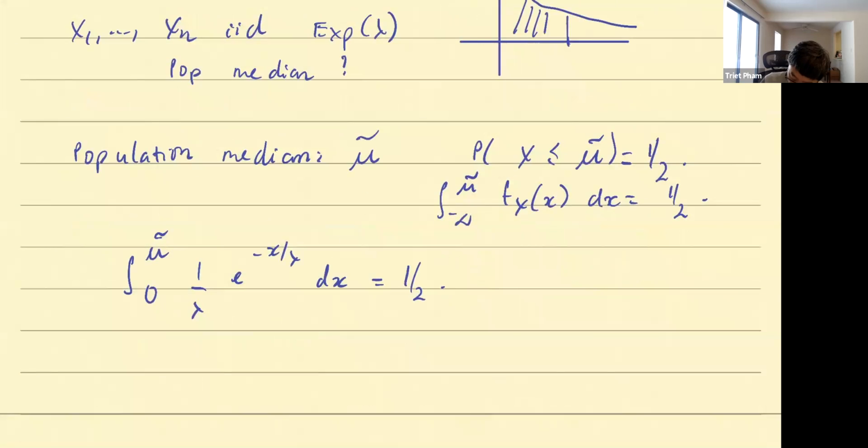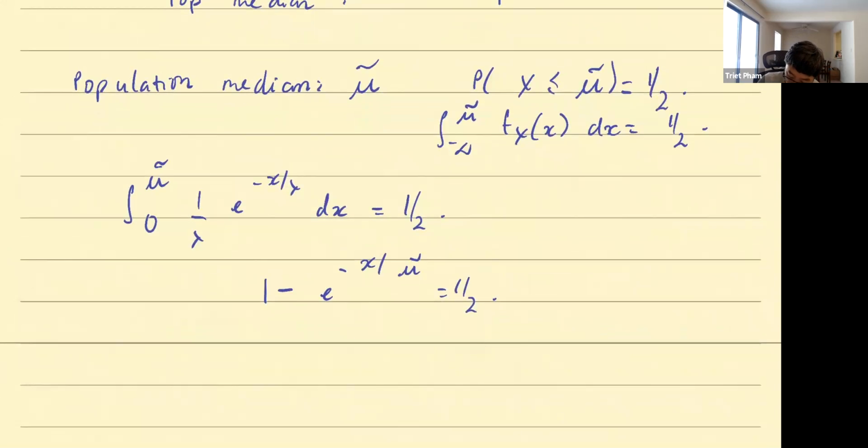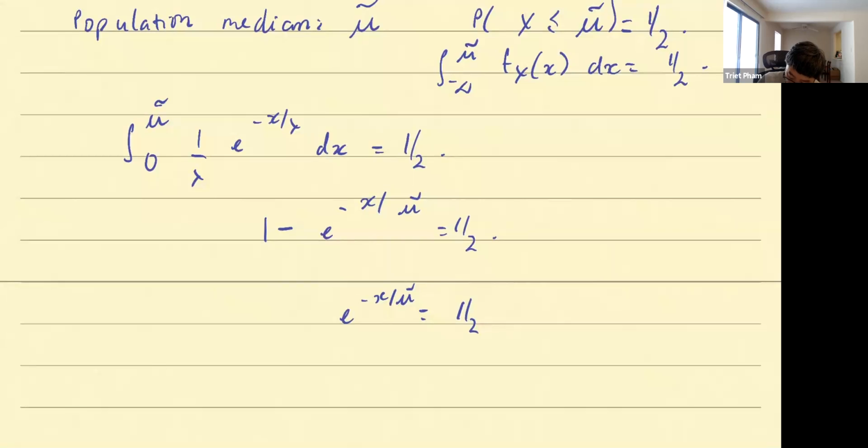Well, that would be 1 minus e to the minus mu tilde over lambda equals a half. If you integrate this, e to the minus mu tilde over lambda is a half, so minus mu tilde over lambda is the natural log of 1/2, which is minus the natural log of 2.